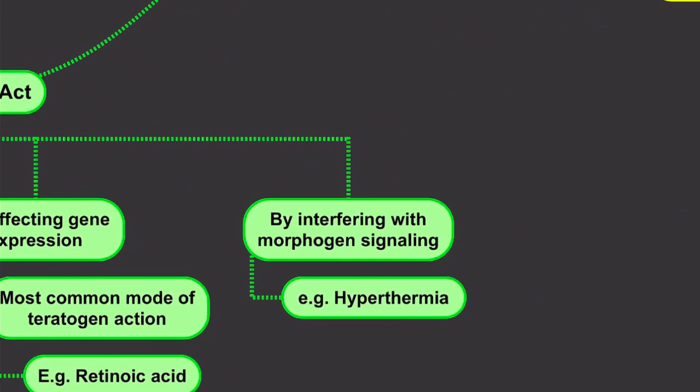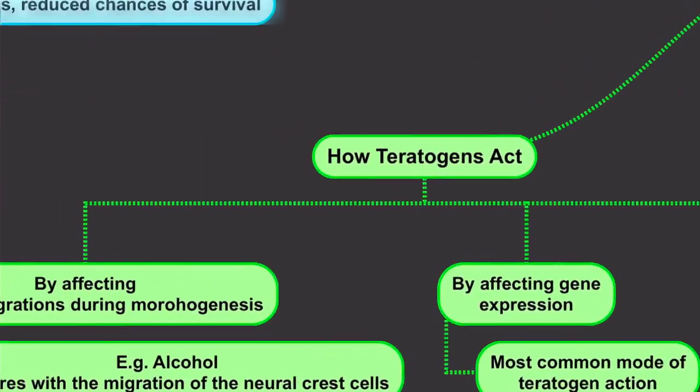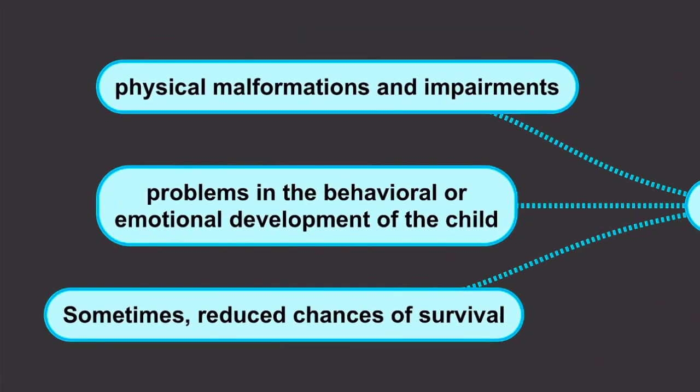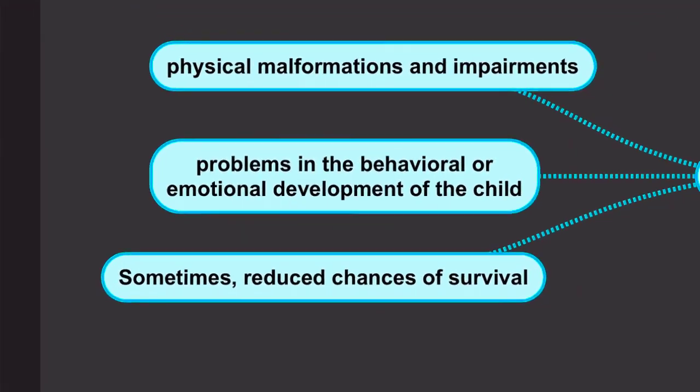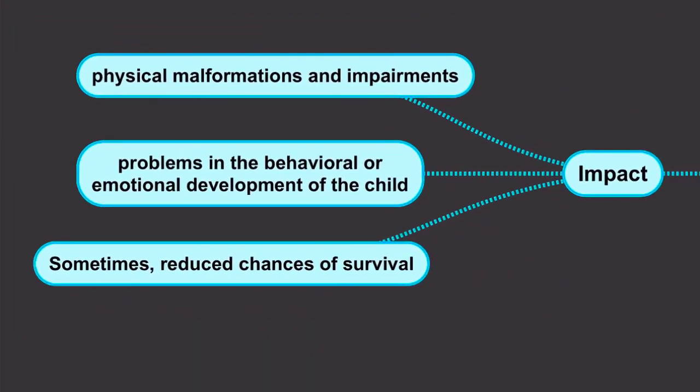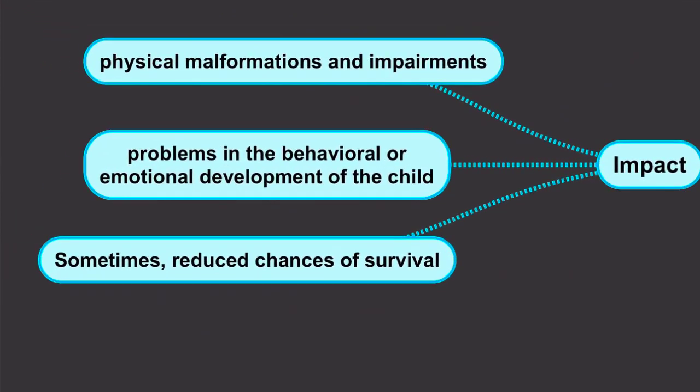Sometimes some of the teratogens will be acting by interfering with morphogen signaling. Example, hyperthermia. And the last facet of your answer is, what are the impacts of teratogenesis?